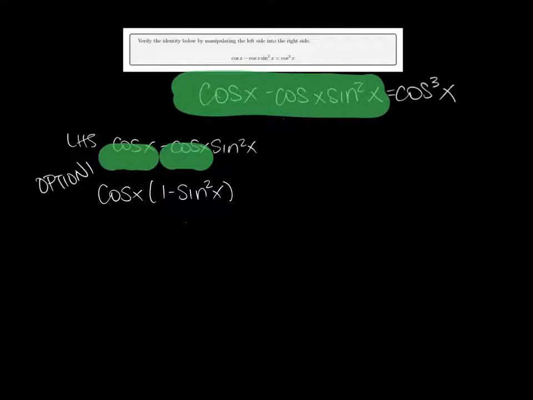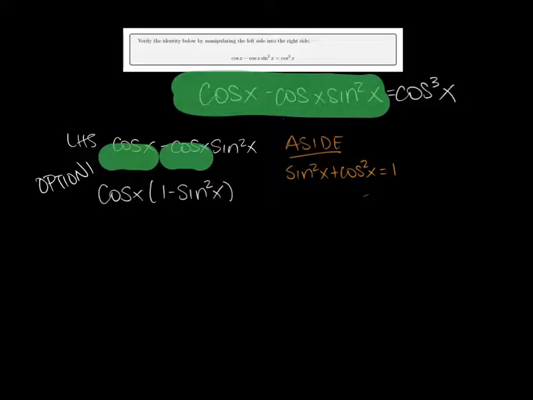Now, if you remember from the Pythagorean identities, and I'm going to label this as an aside because it's not part of your problem solving, our Pythagorean identity in the traditional sense is sine squared x plus cosine squared x equals 1.